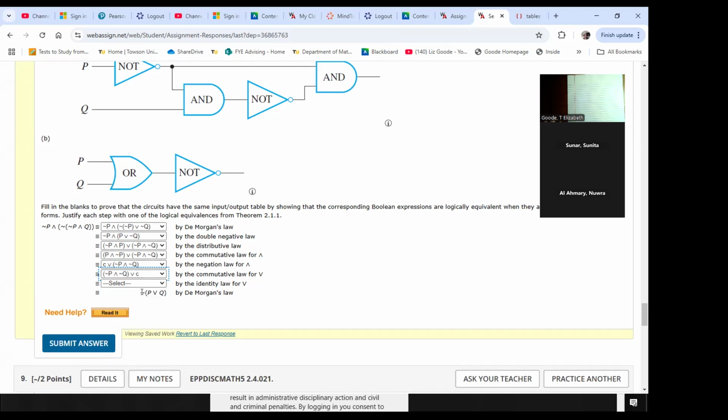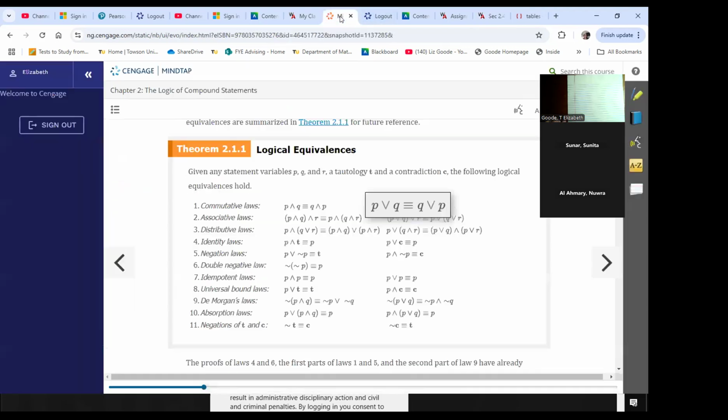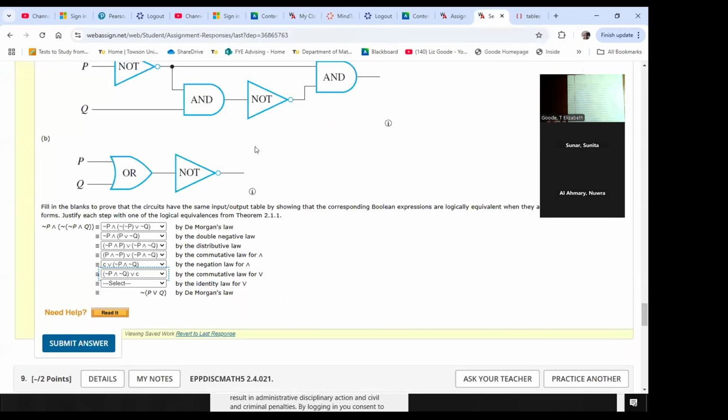And now we need to use the identity law for or. Let's look at the identity laws. The identity law for or is this one: if you take a statement P and you or it with any contradiction, it's just the same thing as having plain old P. So any statement, whether compound or not, ored with a contradiction is logically equivalent to that statement.